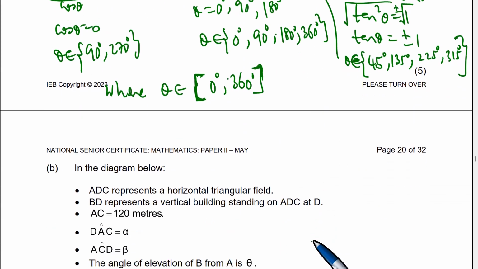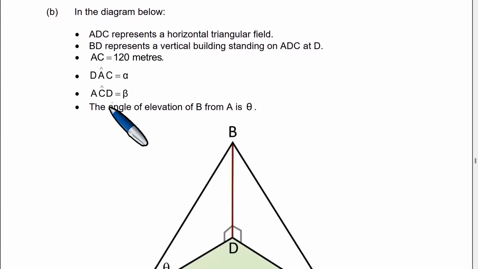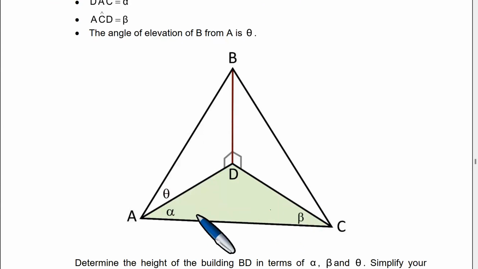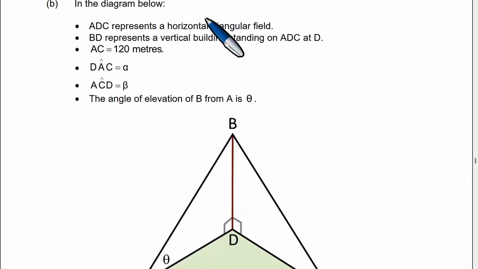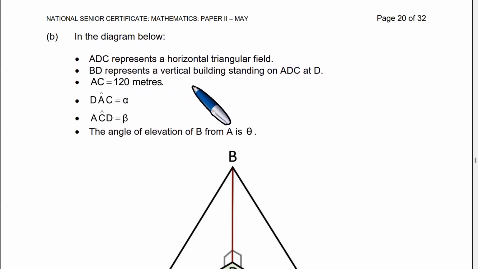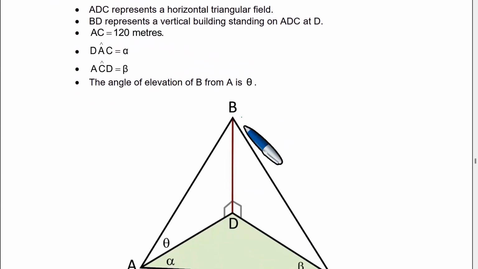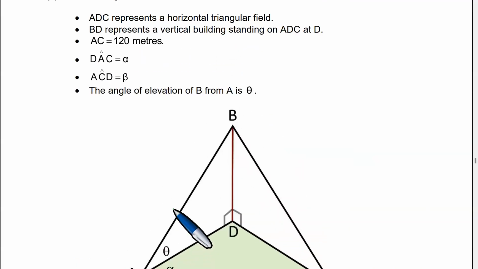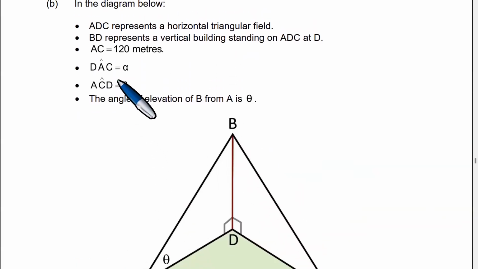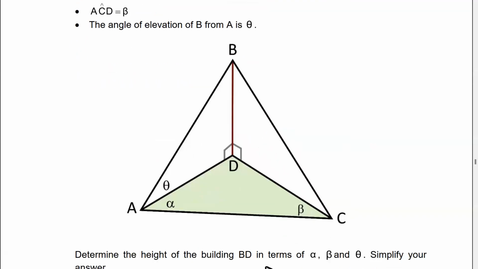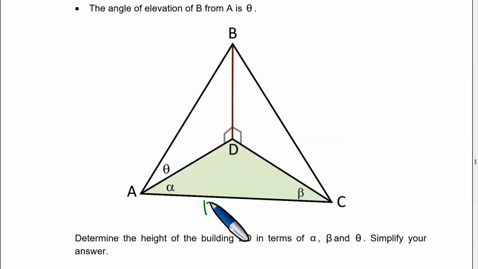Next question. In the diagram below, ADC represents a horizontal triangular field. BD represents a vertical building standing on the field ADC. And now we have AC is 120 meters.